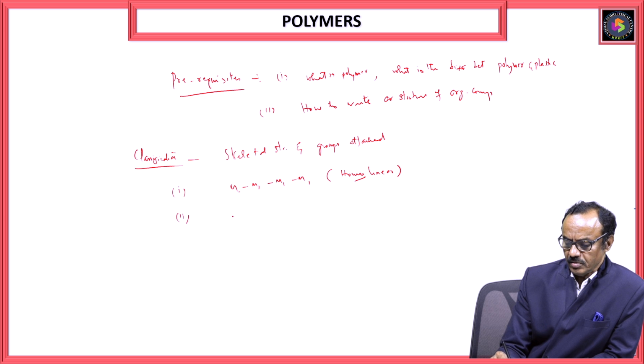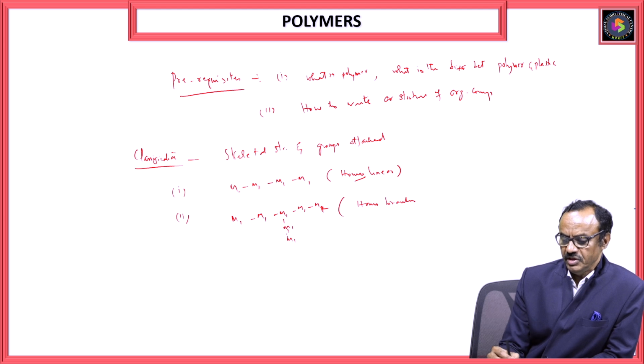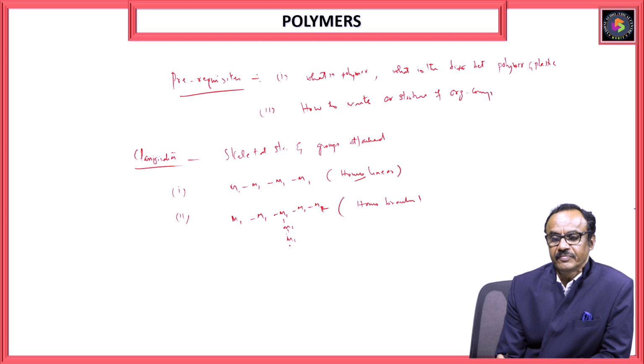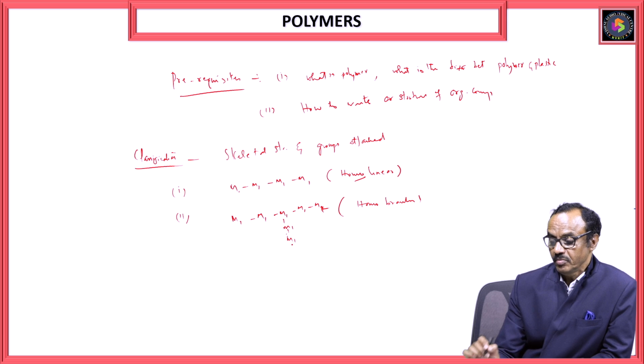If the polymer consists of a main chain as well as branches, with identical monomers, it is called homo-branched polymer.